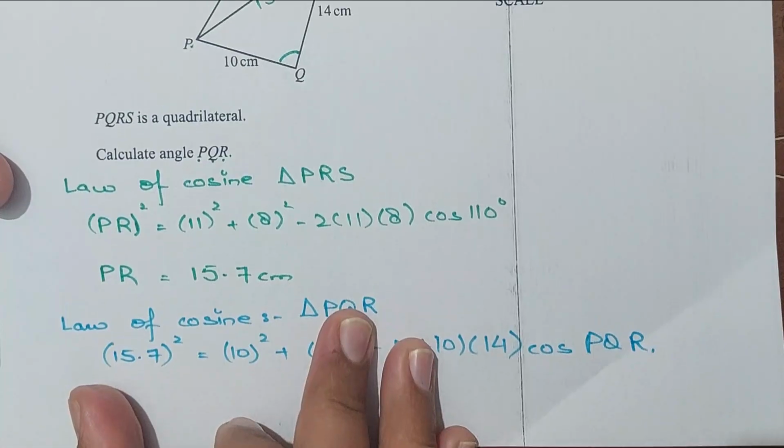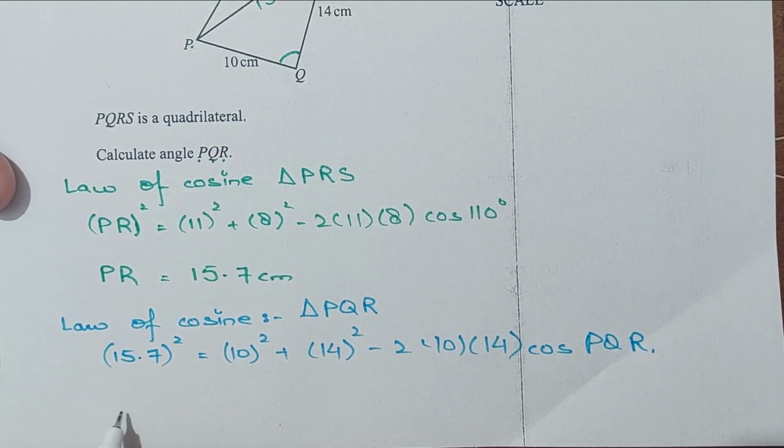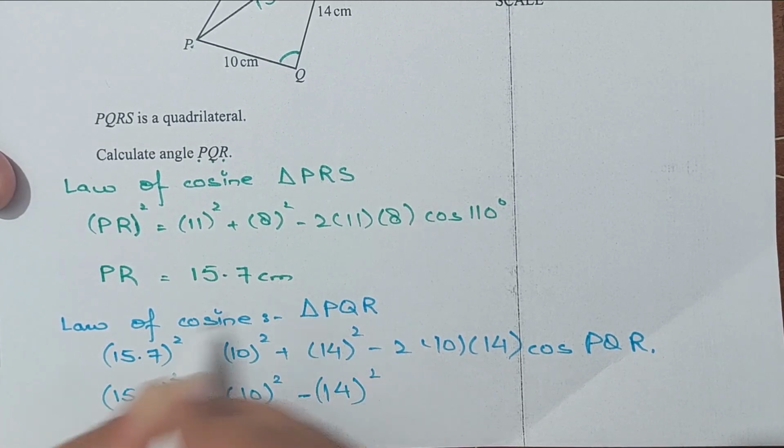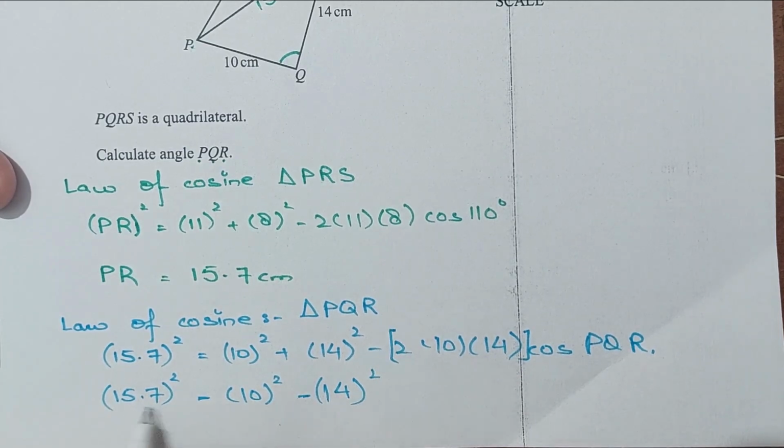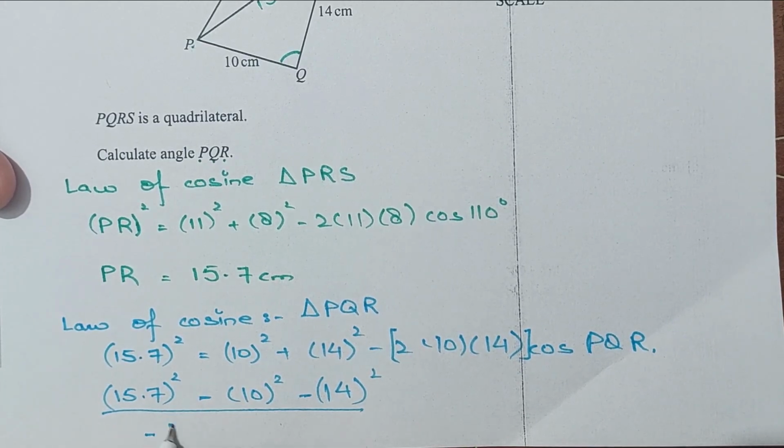Simplify this further. This would be 15.7 squared minus 10 squared minus 14 squared. Shift this term and this term to the other side. This term is multiplying with the angle, so it is going to divide by minus 2 times 10 times 14. This would be cos of angle theta.